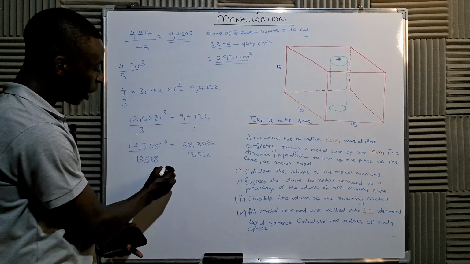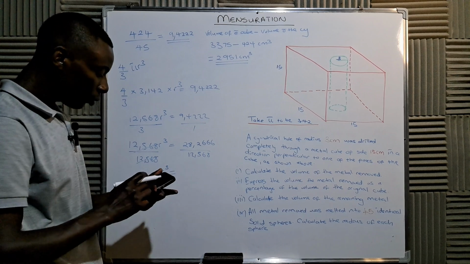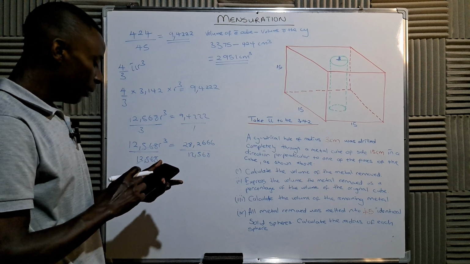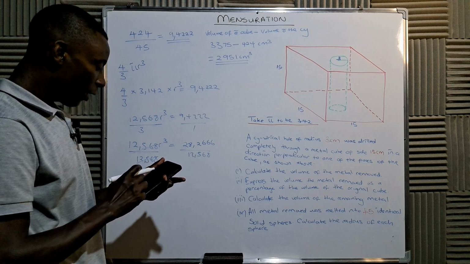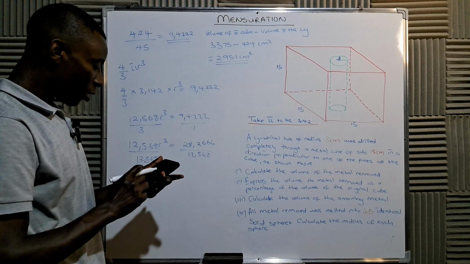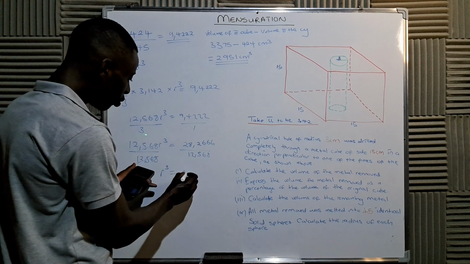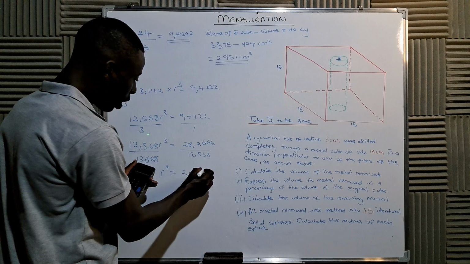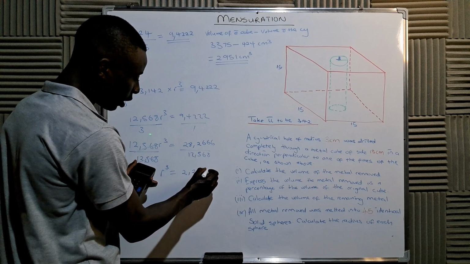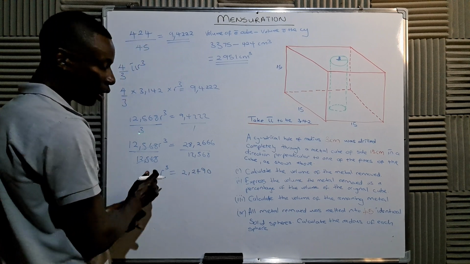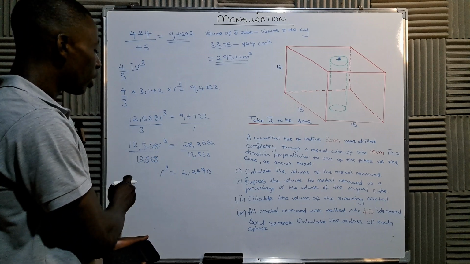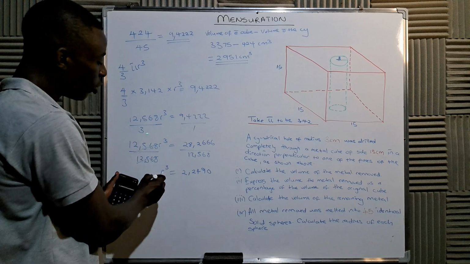So here r cubed is equal to 28.2666 divided by 12.568. So we are getting 2.249. So here we have to remain with r only, not the cube.